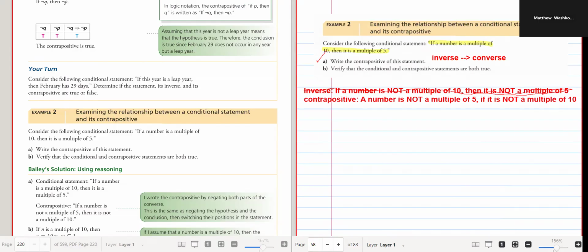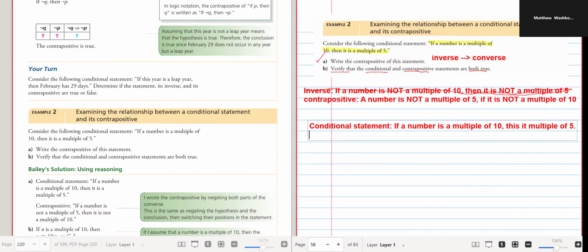Now question B asks us to verify that the conditional and the contrapositive are both true. So let's start with the conditional statement, which was if a number is a multiple of 10, then it is a multiple of 5. Let's check that one out first.